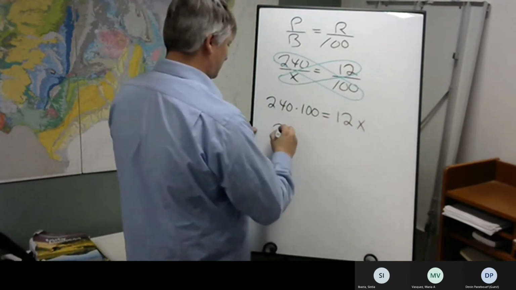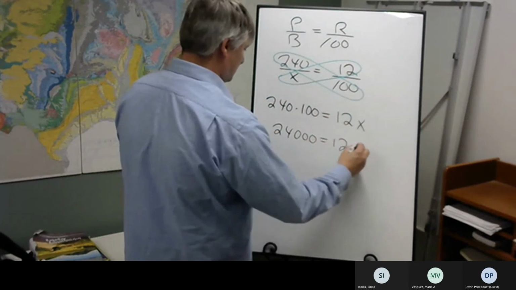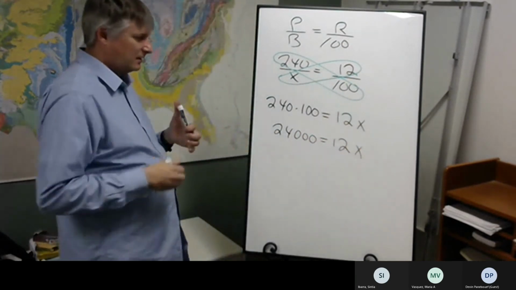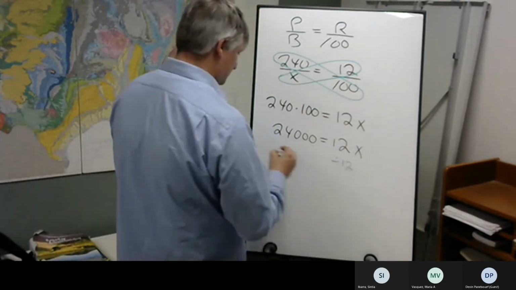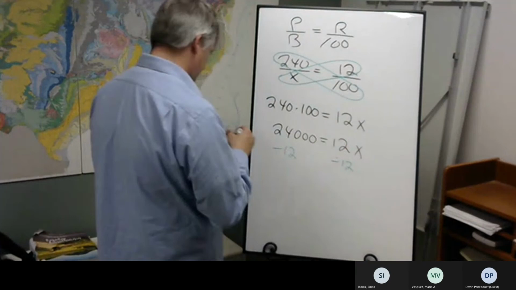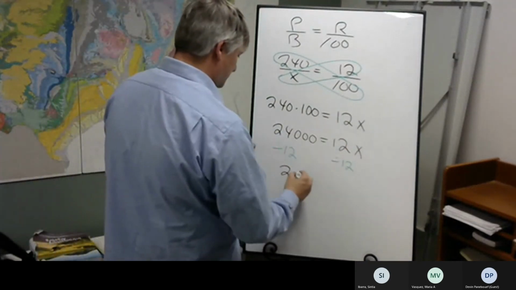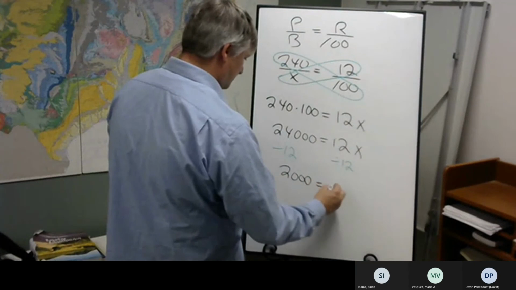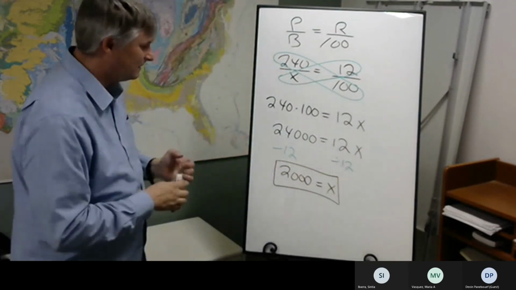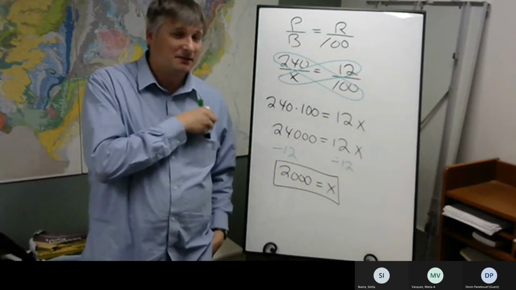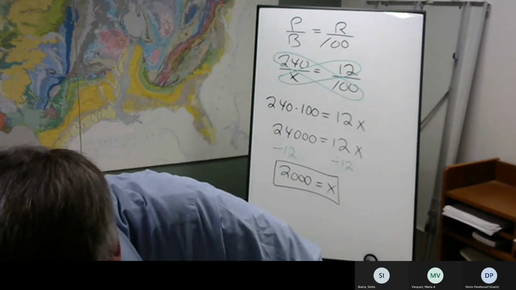Oh no, 24,000. Divide both sides by 12. And this will give us 2,000. And that's going to be it. So let me stop the recording there. That's going to be it for percents.